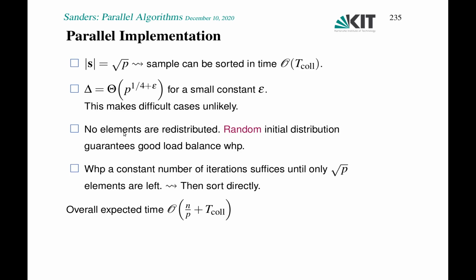We are not redistributing any elements. And here we exploit that we have a random initial distribution of the elements. I mean, we have some surviving elements, but which ones survive was just based on their key value, right? But their key value is independent of how they were allocated. So the recursive subproblem is still randomly distributed.